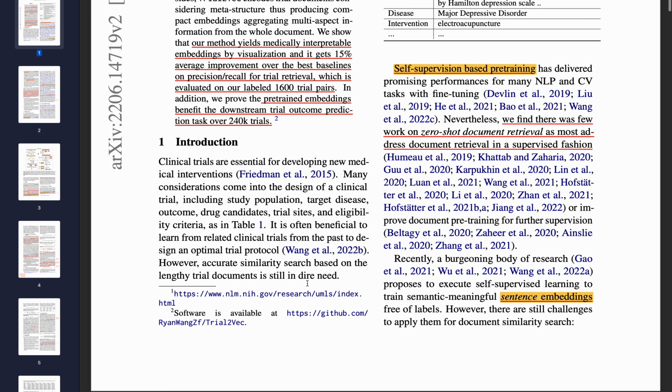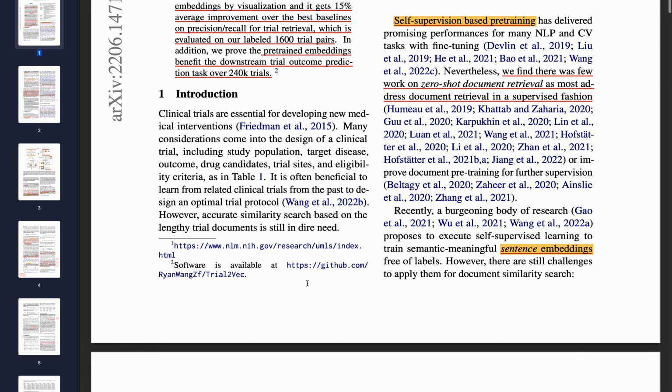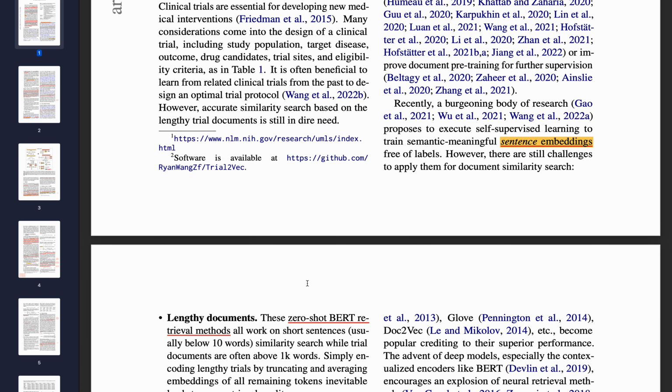All right. So this is the introduction, which basically talks about some of the prior work, self-supervised learning, and how sentence embeddings were used. Embeddings are basically numerical representations of text. They can be generated at word level, sentence level, document level, and so on.